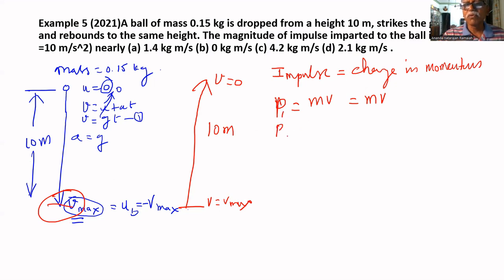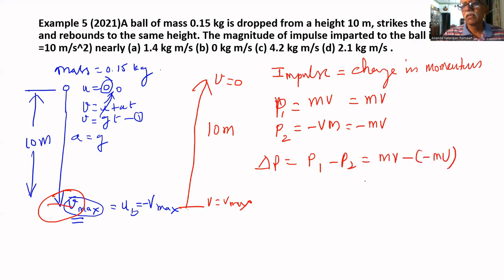What is the rebouncing momentum? That is P2 equal to minus v multiplied by m, that is minus mv. What is the change in momentum? Delta P equal to P1 minus P2, that is equal to mv minus of minus mv, that is equal to 2mv.